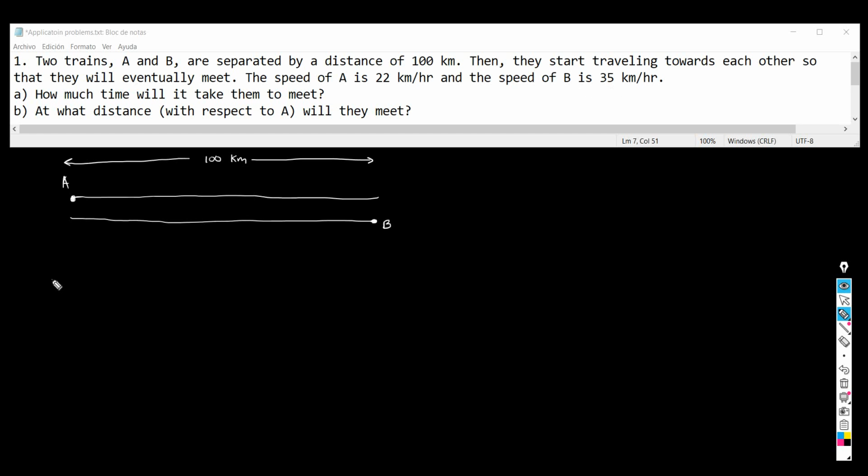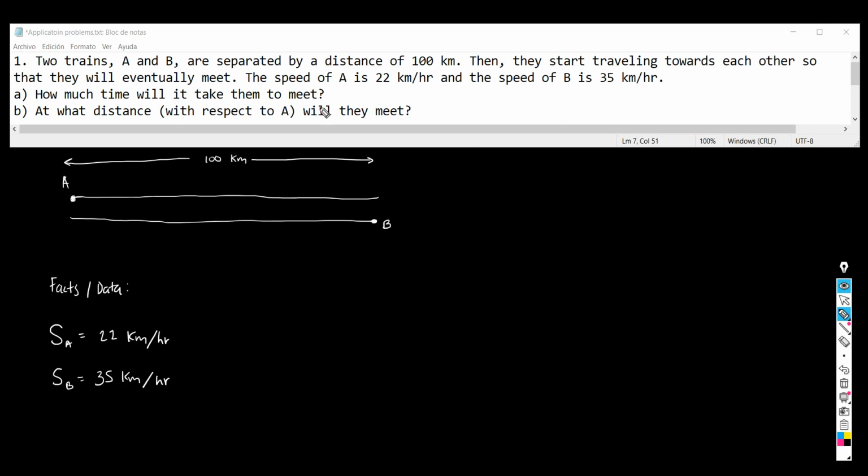Okay, in my little space for facts or data, I can write that the speed of train A is 22 kilometers per hour, and the speed of train B is 35 kilometers per hour. Perfect. And that's all my context.